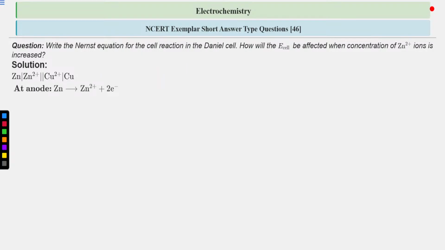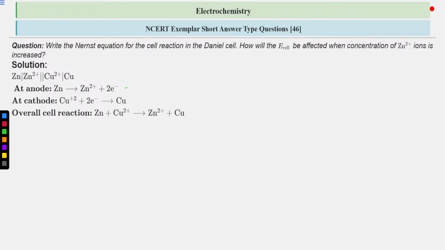At the anode, zinc undergoes oxidation by releasing 2 electrons, converting from neutral to the Zn2+ ion. Similarly, at the cathode, reduction happens for copper: Cu2+ gains 2 electrons and becomes neutral copper, so +2 goes to 0. These are the respective reactions at the anode and the cathode.